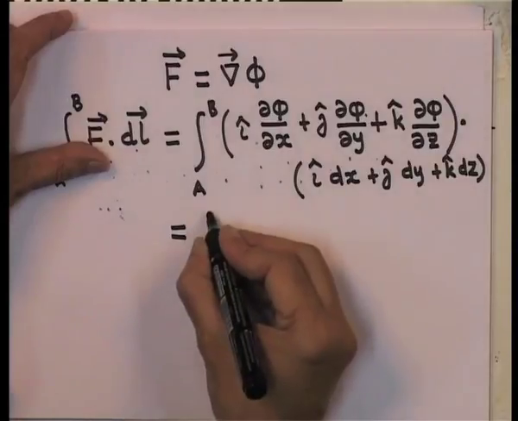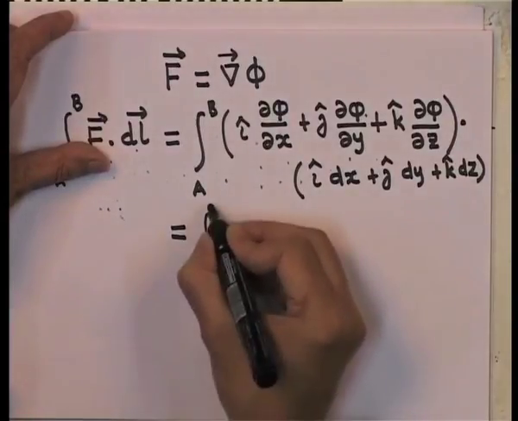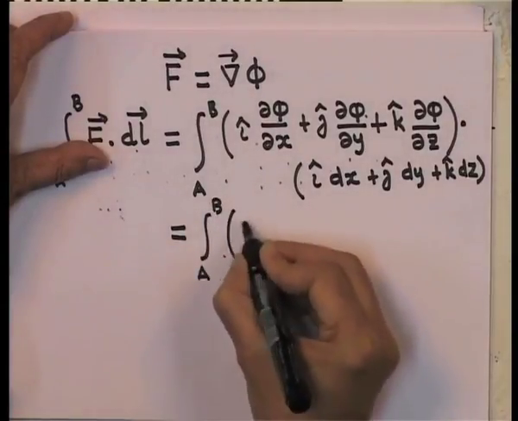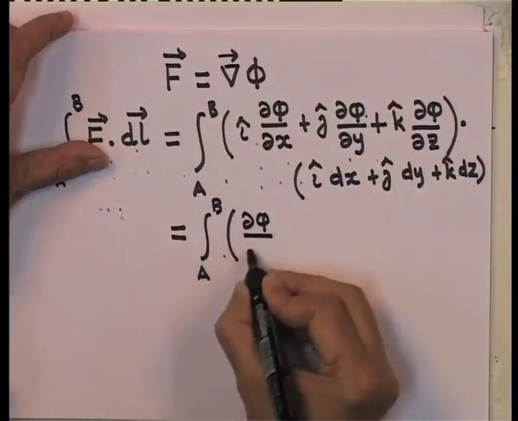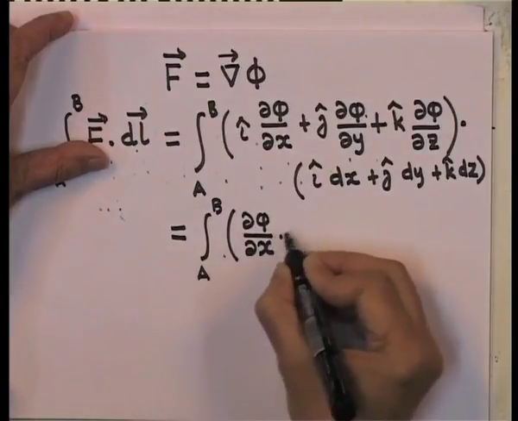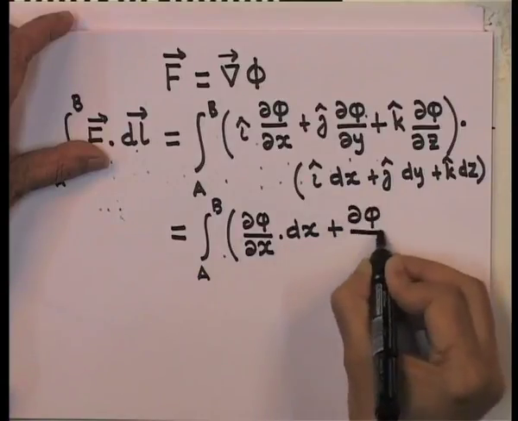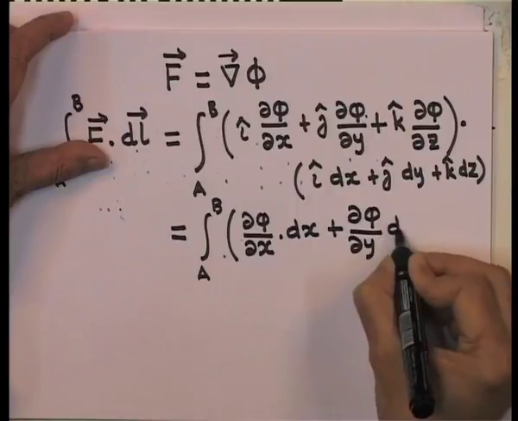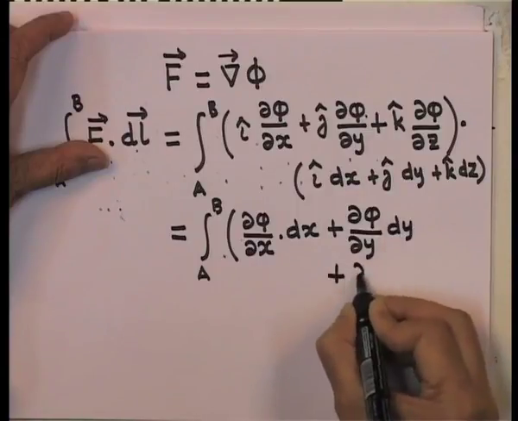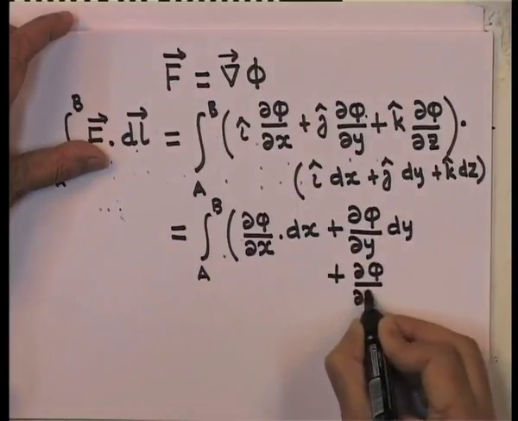So, what I am left with is the integral from A to B of partial phi with respect to x dx plus partial phi with respect to y dy plus partial phi with respect to z dz.